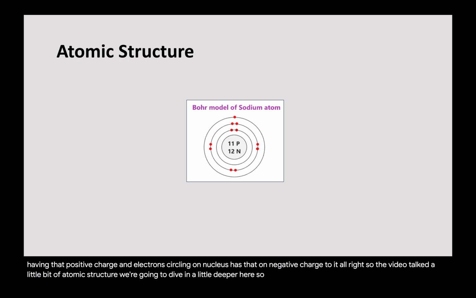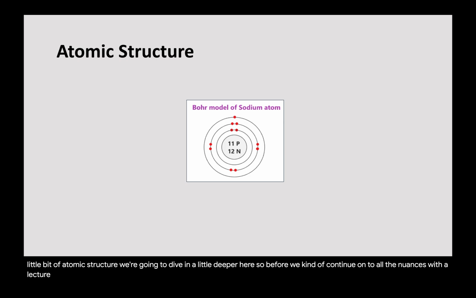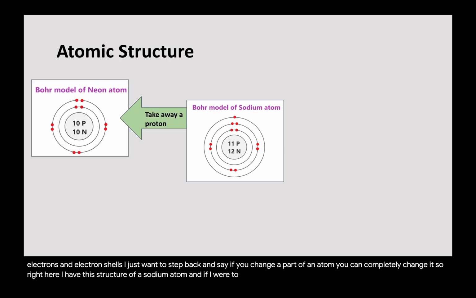So before we continue on to all the nuances with electrons and electron shells, I just want to step back and say if you change a part of an atom, it could completely change it. So right here I have the structure of a sodium atom, and if I were to take away a proton, that can completely change it.